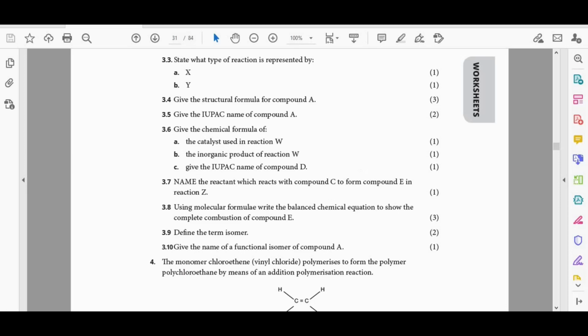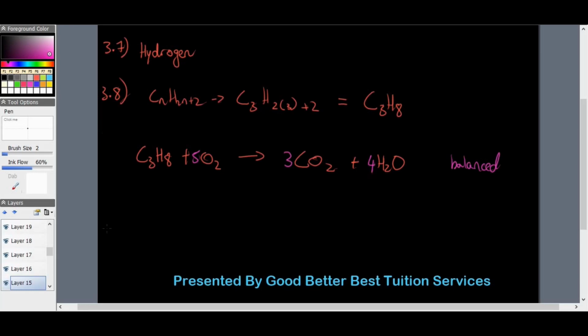Would anybody like to take a shot at 3.10? Propyl ethanoate, a functional isomer of it, where we just switch around the functional group. Pentanoic acid. Excellent.